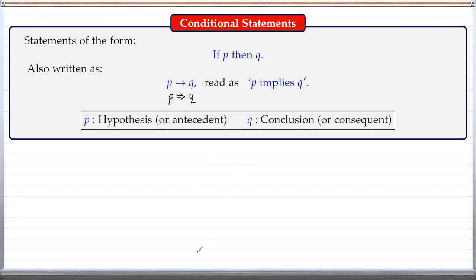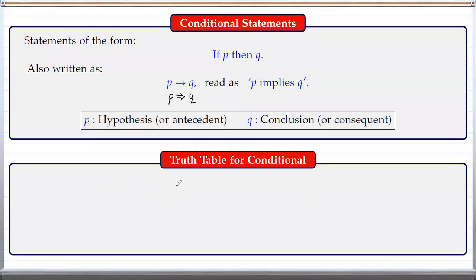Next, we will look at the truth table for a conditional statement. So for the truth table, we'll have P, Q, then P implies Q. We will consider all the possible combinations of truth values of P and Q, and then determine the truth values for P implies Q. So we can have P true, Q true.